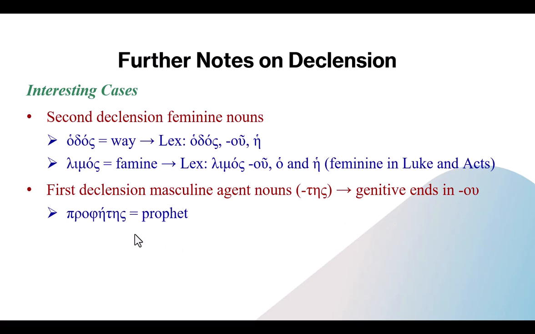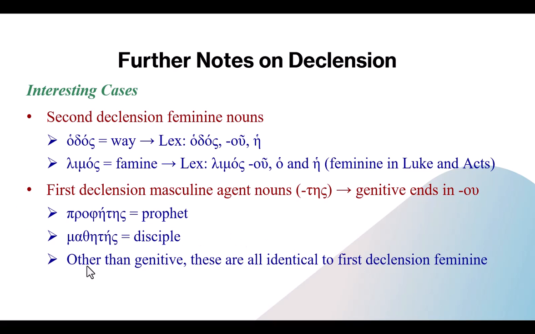So an example is prophetes, prophet, or mathetes, disciple. But other than the genitive, these are all identical to first declension feminine nouns. So for example, the accusative singular for prophetes is prophetan. And so there's our typical first declension feminine singular, an.